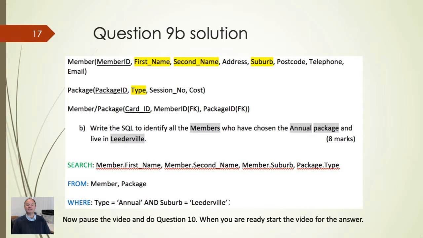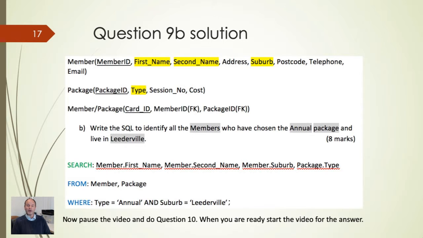The solution is select member.first_name, member.second_name, member.suburb, package.type from member, package where type equals annual and suburb equals Leaderville.